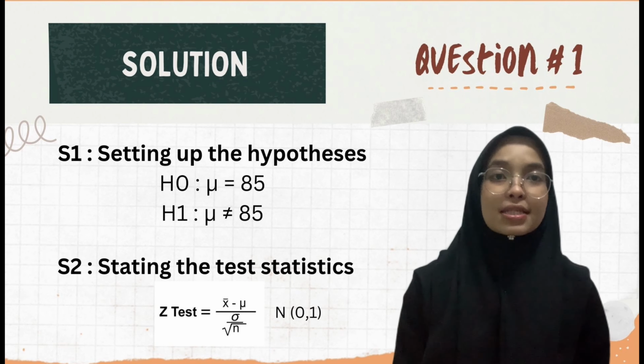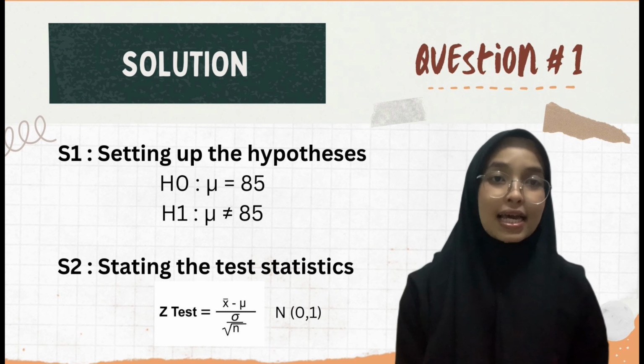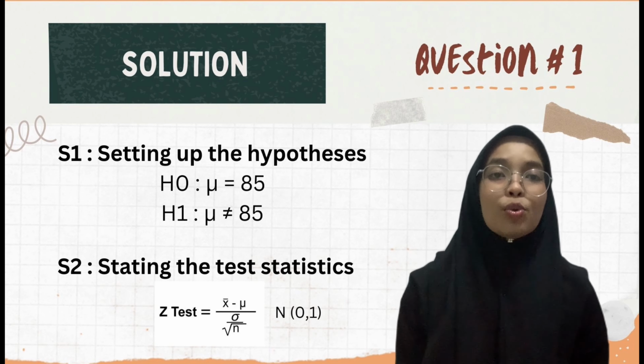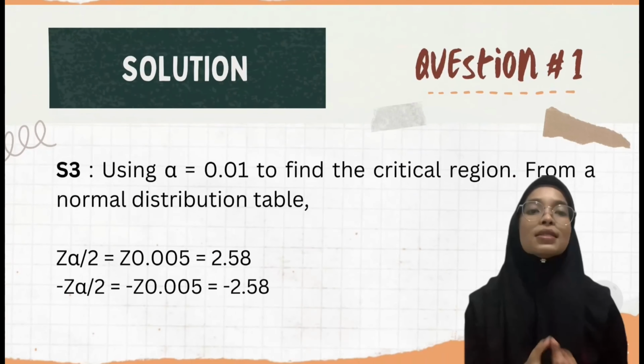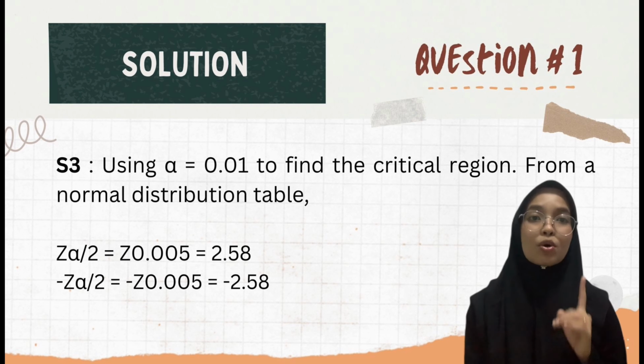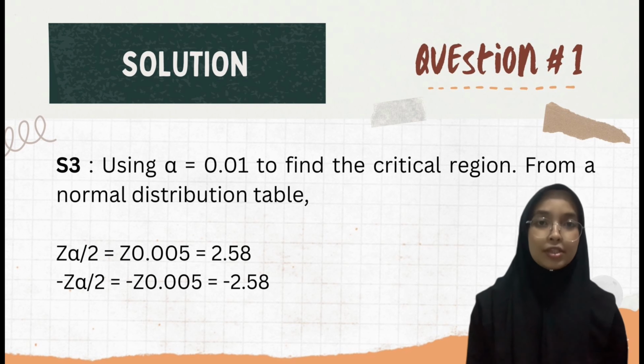Next, for step 2, stating the test hypothesis as shown. In this question, we use the Z test as the variance is known. Step 3, using alpha equal to 0.01 to find the critical region.